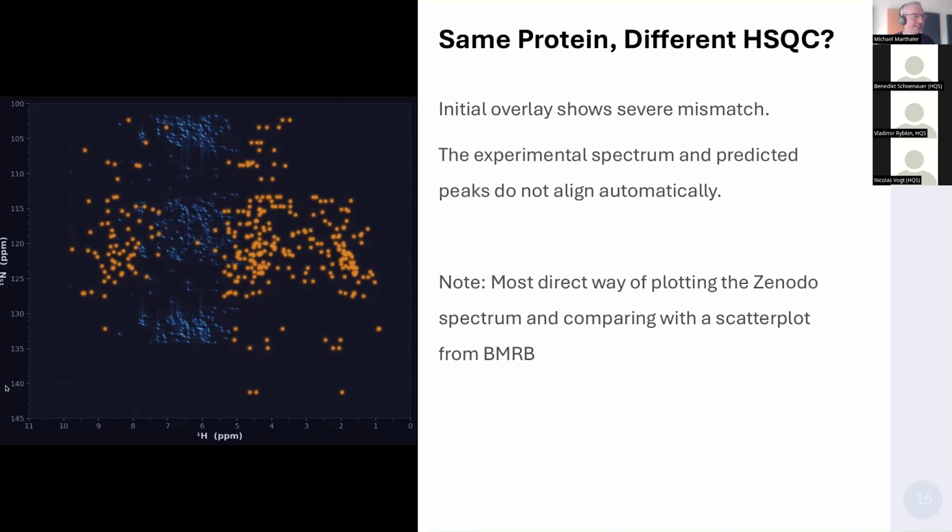Here we have a frequency axis for 15N, and here a frequency axis for 1H, and the orange points are the combinations of these two.